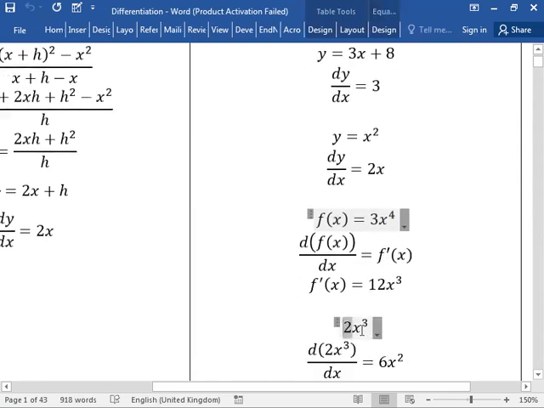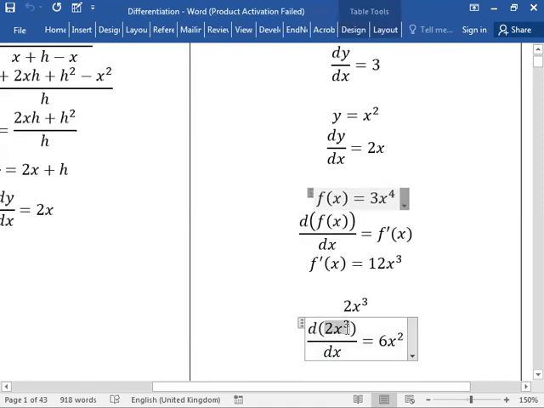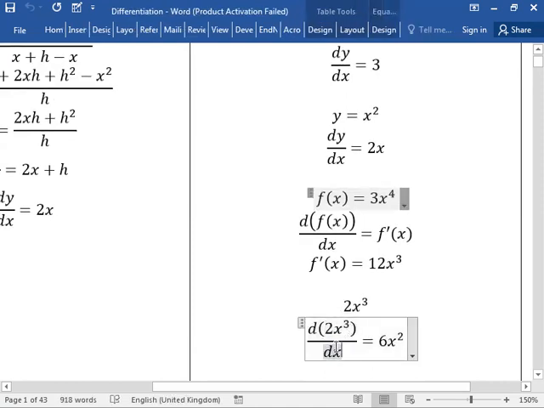Okay, if I say just differentiate 2x cube, then you will say I have not named it y, so you cannot call it y. You just say this is how you write it, that the derivative of 2x cube with respect to x is 6x square. So understand the notations.